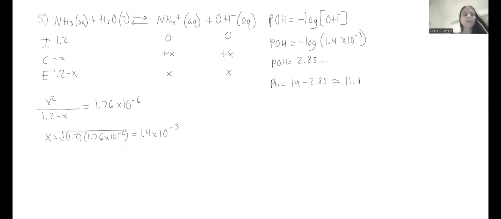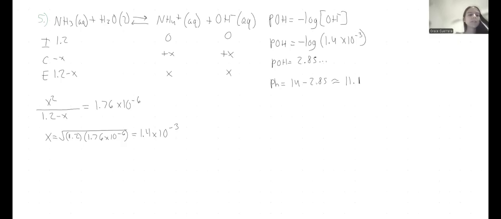So that is our X value. And our OH is essentially equal to our X as seen in the ice table. So now we can solve for pOH, which would just be our negative log of our hydroxide concentration. So our pOH is negative log of 1.4 times 10 to the negative 3. Our pOH is roughly equal to 2.85.